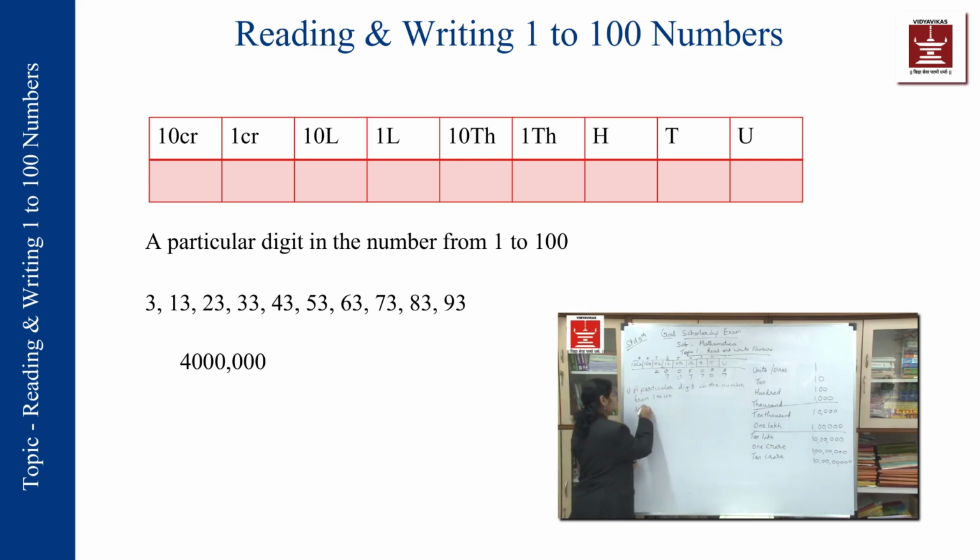Then it is 13, 23, 33. Here 33 will be counted as one number, because even if the digit is occurring twice, they have asked us the number. They have not asked us the digit. So 33, 43, 53, 63, 73, 83 and 93.